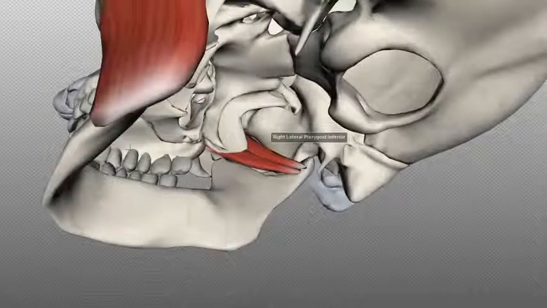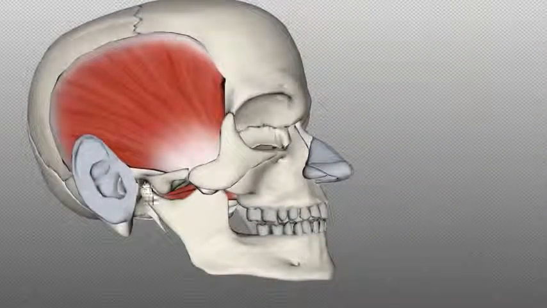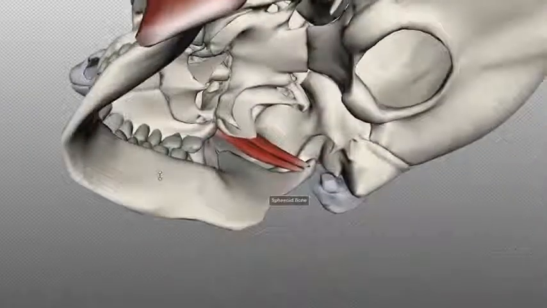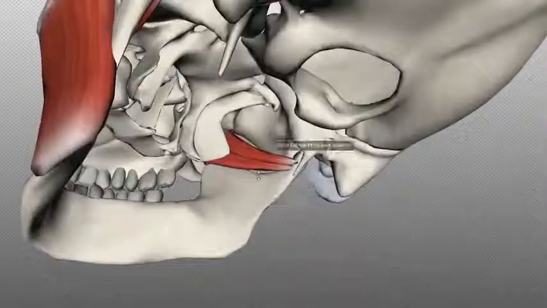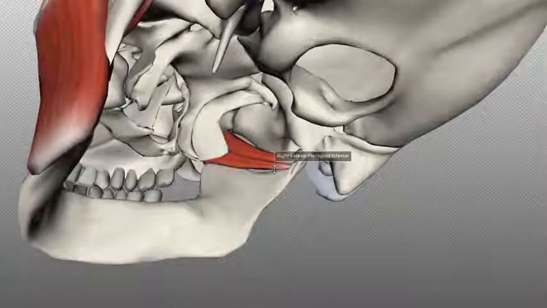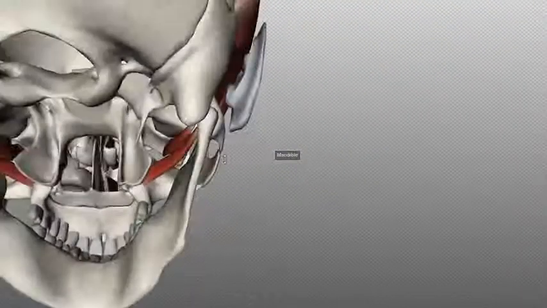So this is the posterior process on the mandible. The inferior lateral pterygoid inserts a little bit lower on the neck of the condyle of the mandible, and it originates on the lateral plate of the pterygoid process.